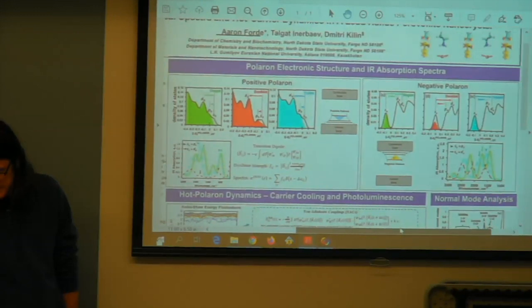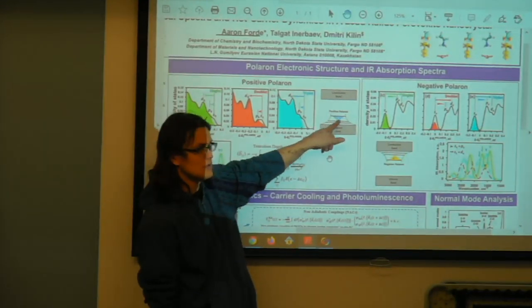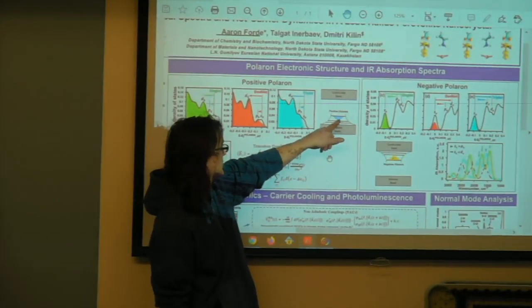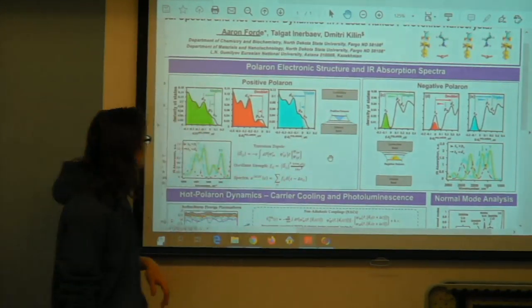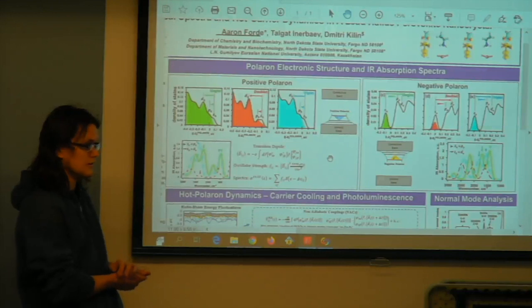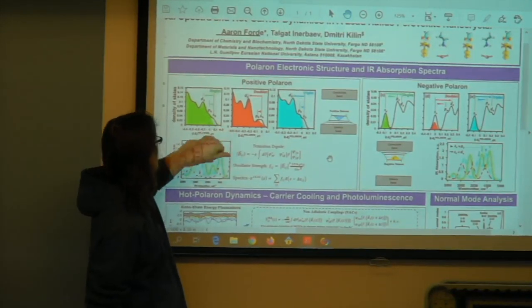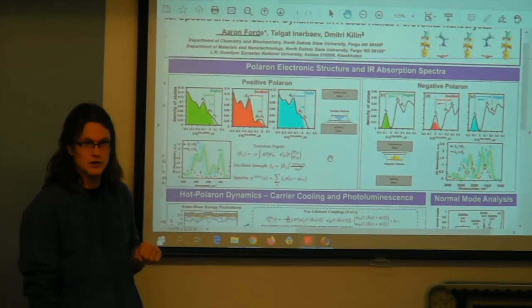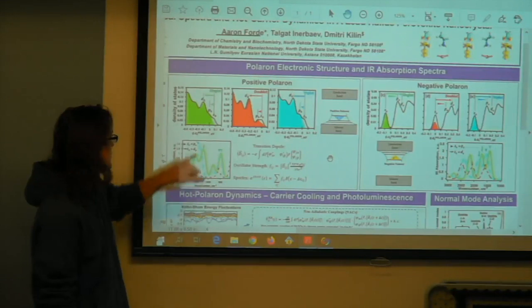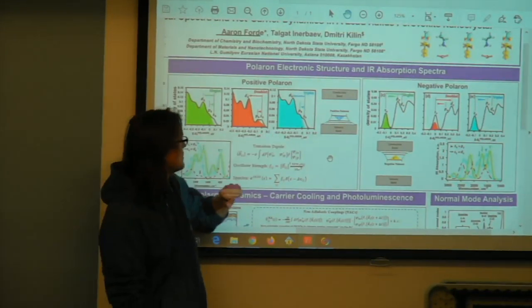We consider two cases. In one case, if you just remove the charge from the system, you create a positive polaron. That's illustrated with this image here. When you compute the density of states, I forgot to mention we computed the spin multiplicity of the polaron as well: singlet, doublet, triplet.